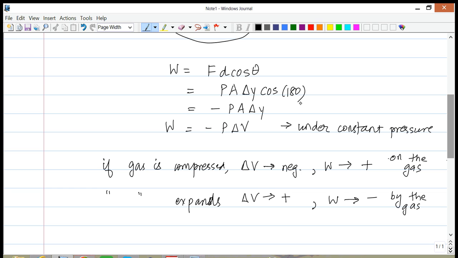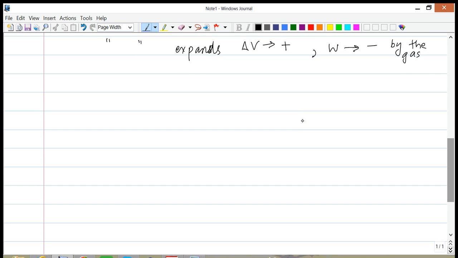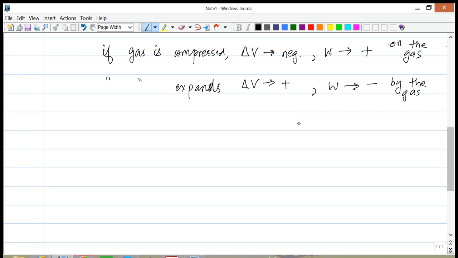It's very simple. If the gas expands, the work done on the gas is negative. And if the gas compresses, work done on the gas is positive. Okay, great. So that's where we are.